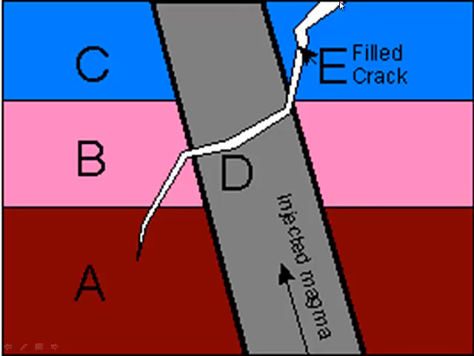But the youngest thing is E, this crack, which cuts across A, B, C, and D. So E is the youngest, A is the oldest. And they would go in order: A, B, C, D, E.